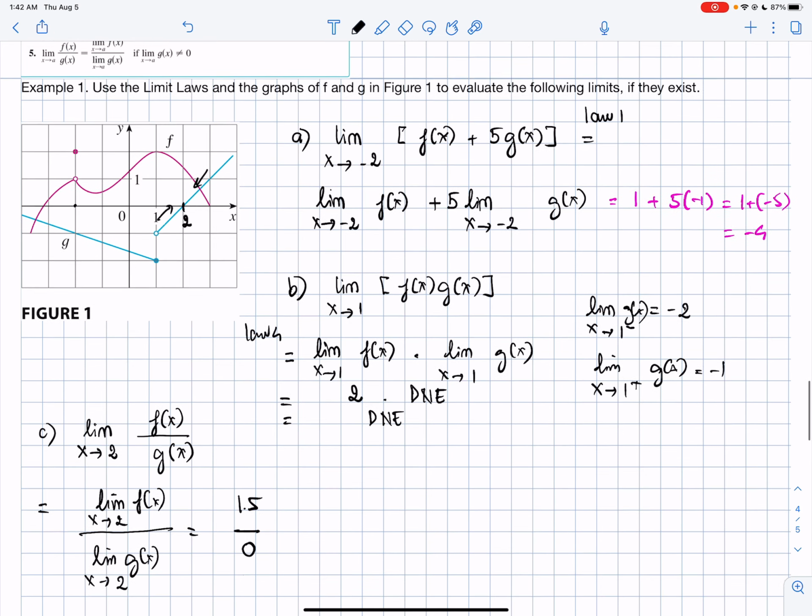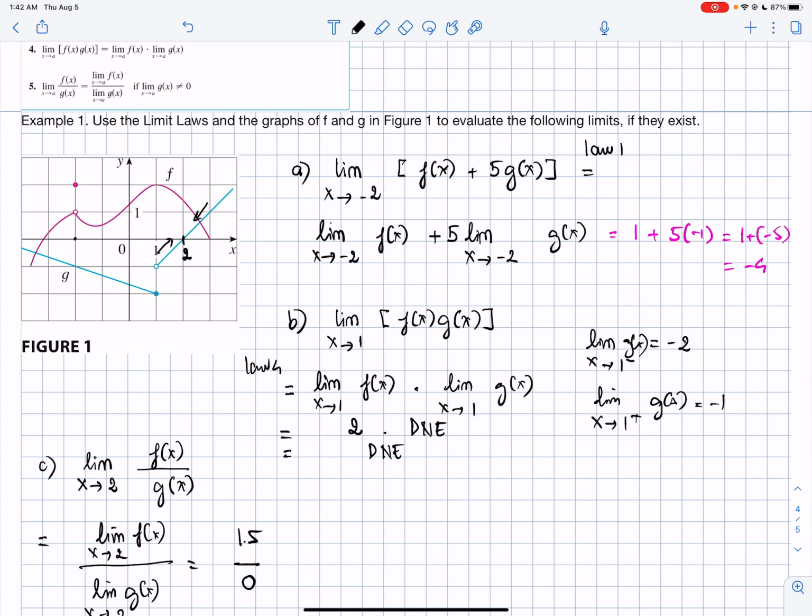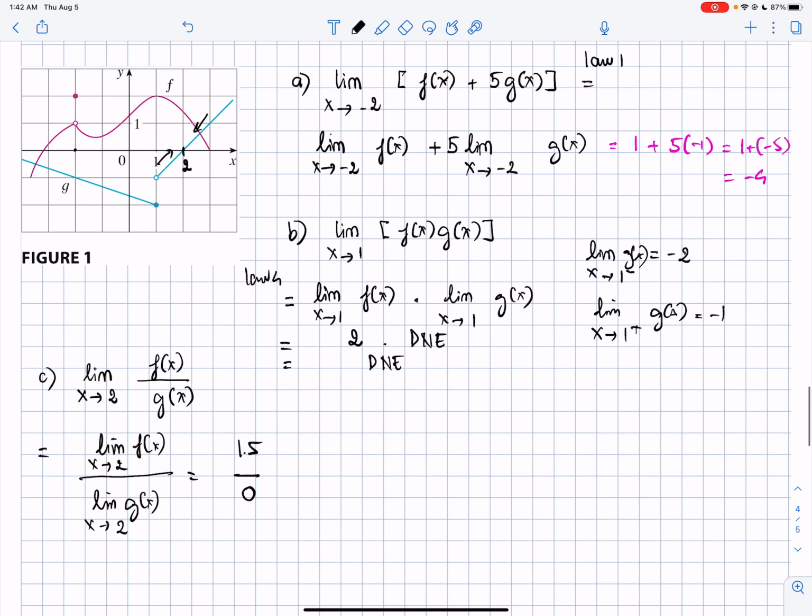And we go to law number 5. It says that the limit of g of x has to be not equal to 0 because it is in the denominator. So in this problem, the limit does not exist also because the bottom becomes 0.